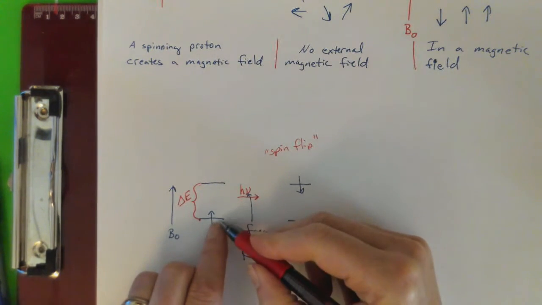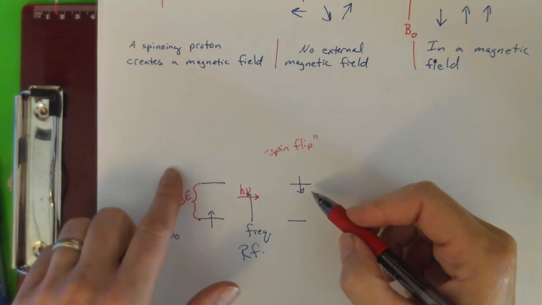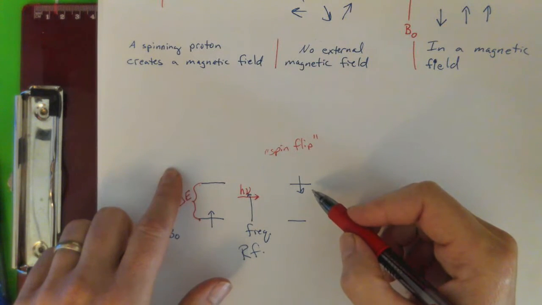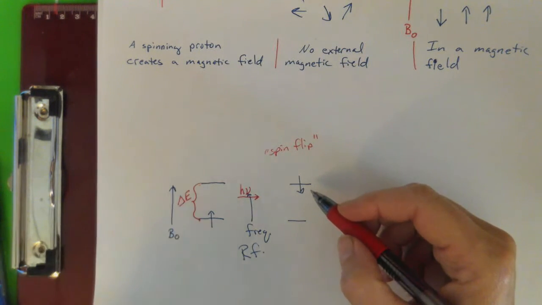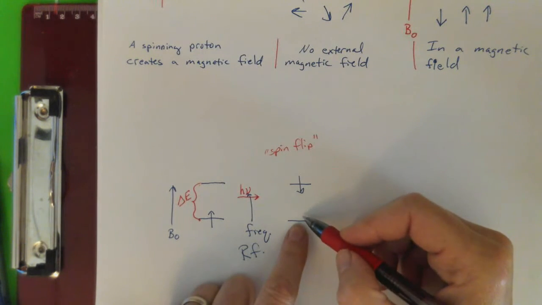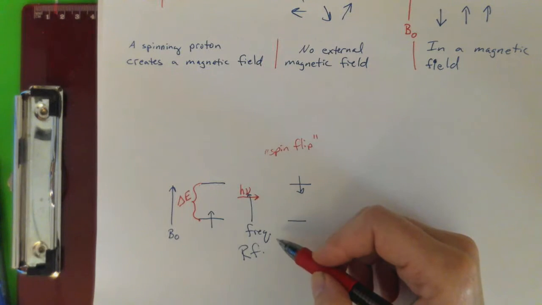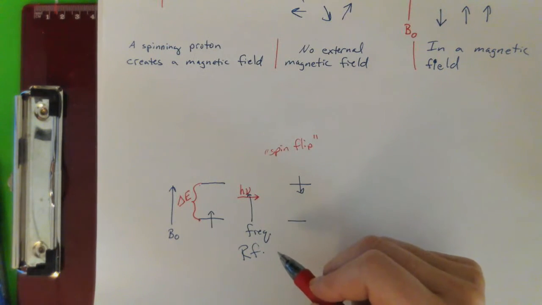It goes from being parallel to anti-parallel, or against that applied magnetic field. So this difference in energy again corresponds with energy in the radio frequency part of the electromagnetic spectrum.